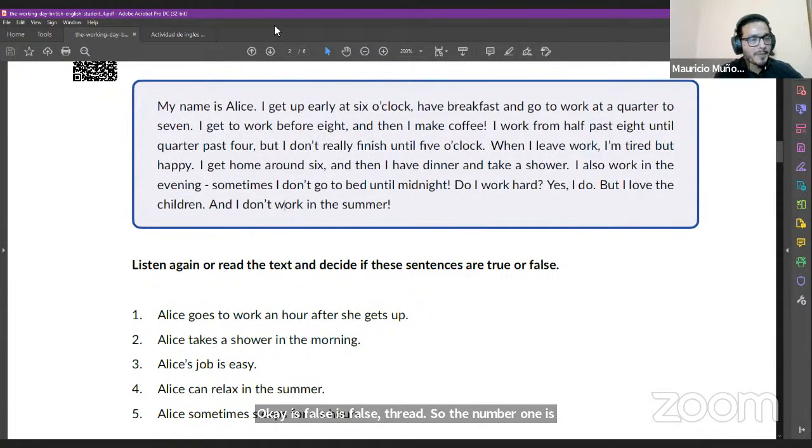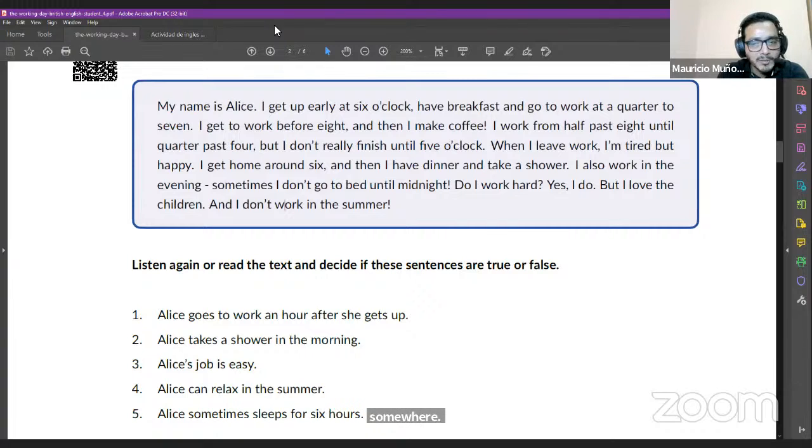Samuel, please help me with the number 2. Read and then share your thought. Samuel, please read the number 2 for me. So, true or false?